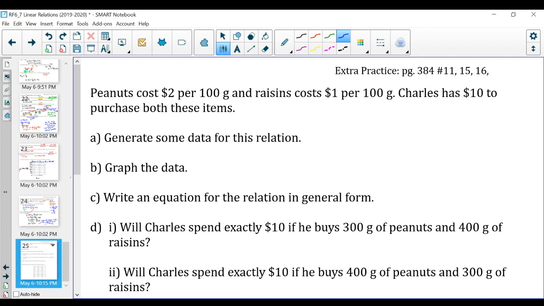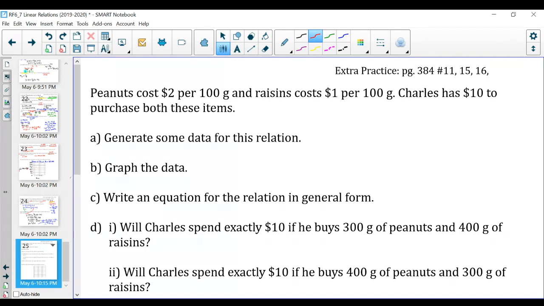So we want to generate some data first for this relation. So what that means is we need to ask ourselves some hypothetical questions. So if we do this, we can do that. If we grab this, then we can grab that. So let's say, for example, Charles is going to buy, let's say, no peanuts.